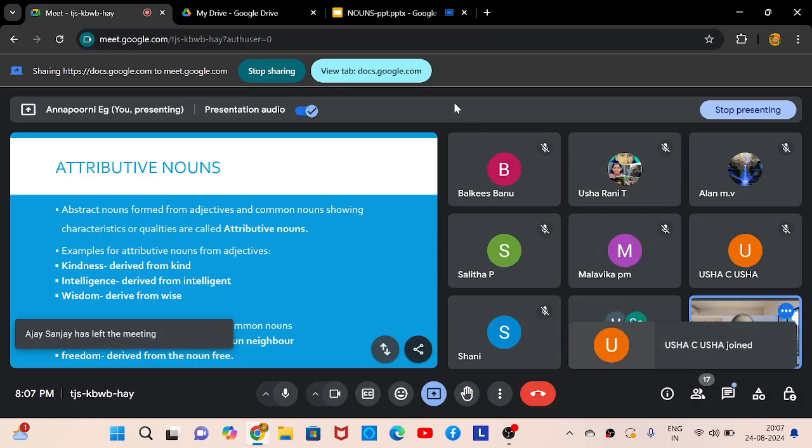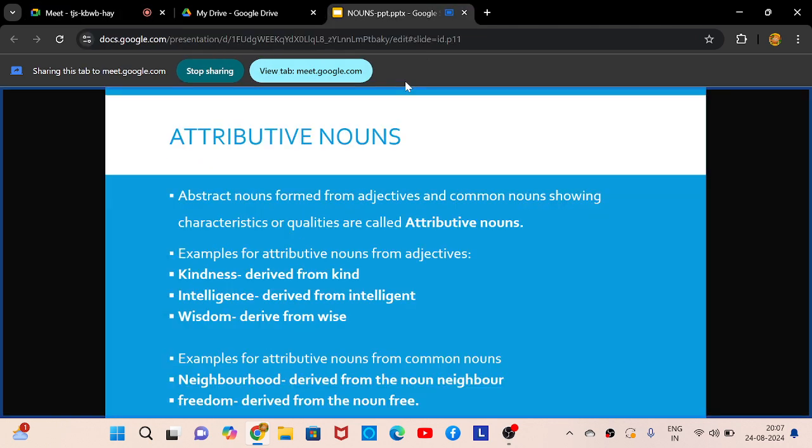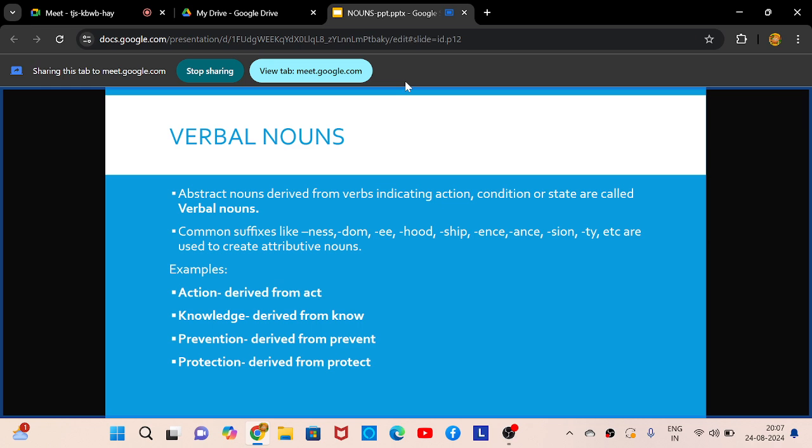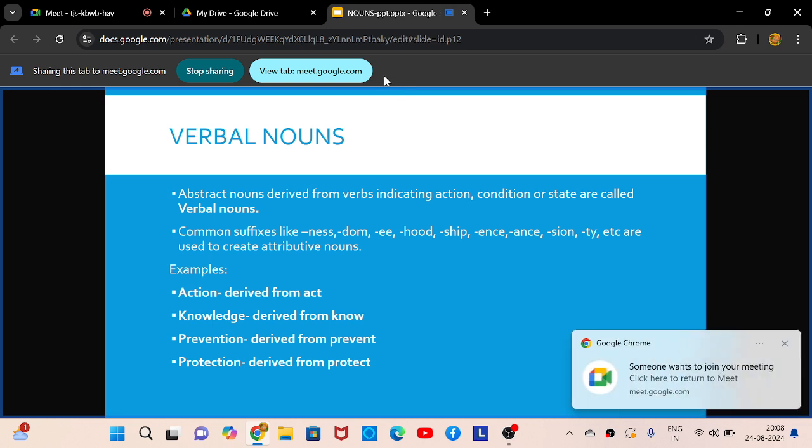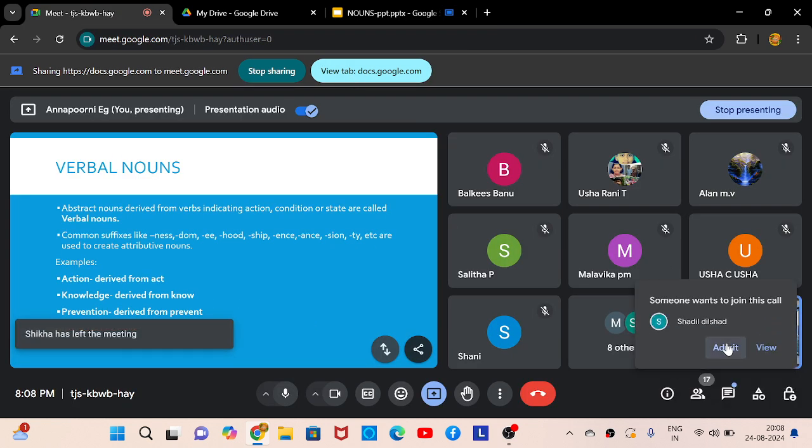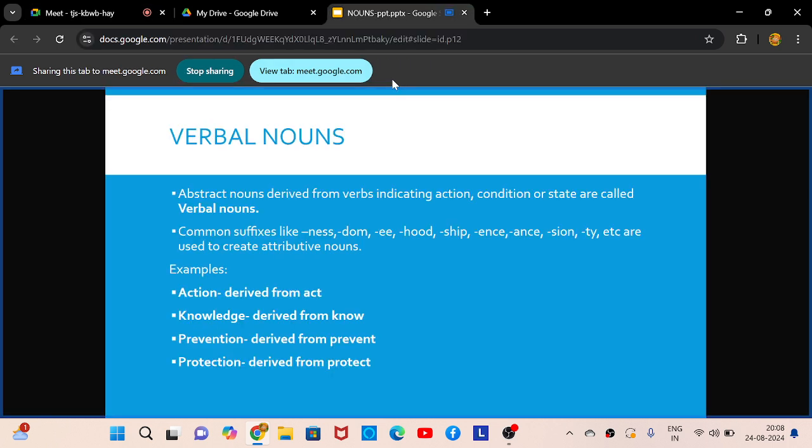So now we are going to see how verbal nouns are formed. Okay, abstract nouns derived from verbs indicating action, condition or state are called verbal nouns. അപ്പോൾ എന്താണ്? Verbal nouns are nothing but abstract nouns derived from verbs.